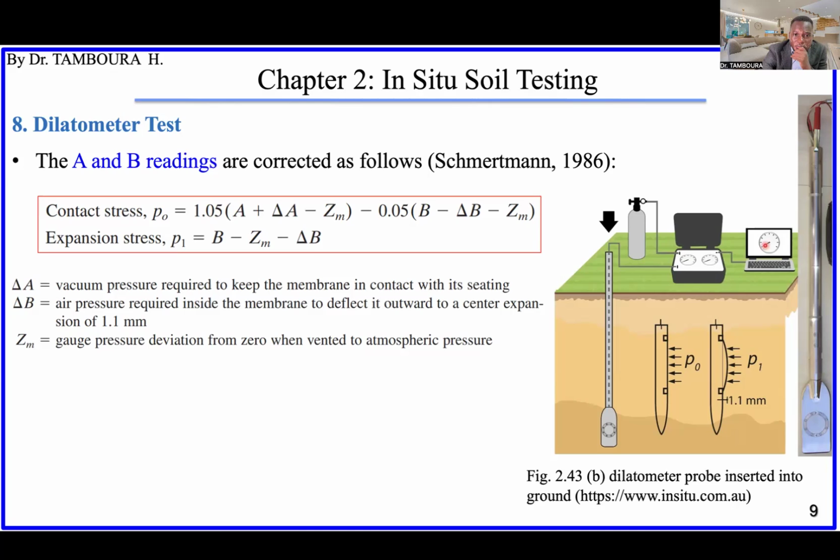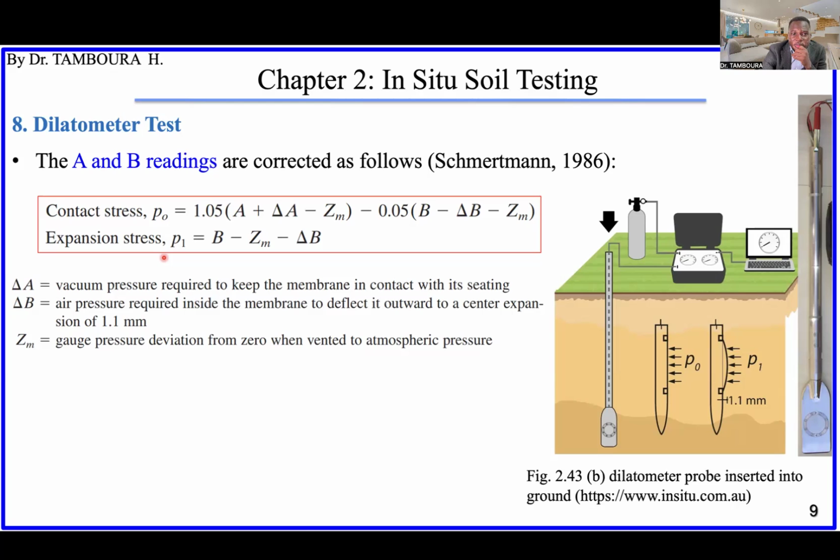So if you obtain P0 and P1, how will you use these two to obtain the soil parameters?